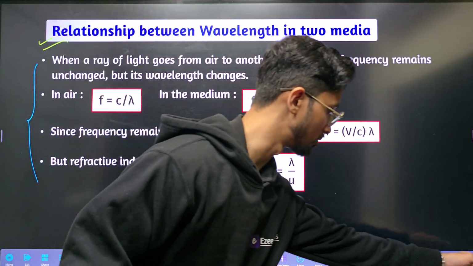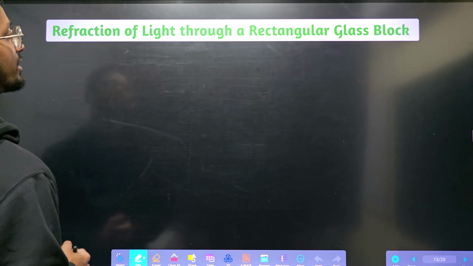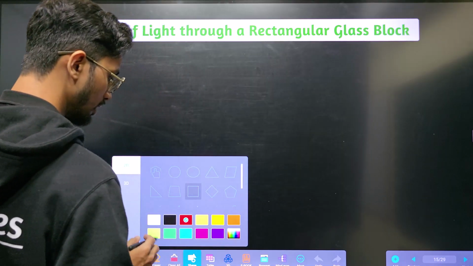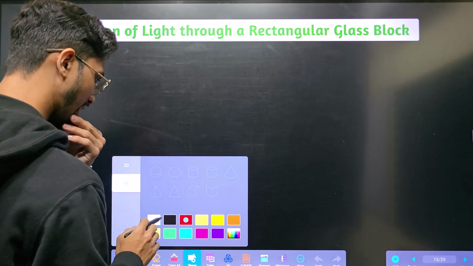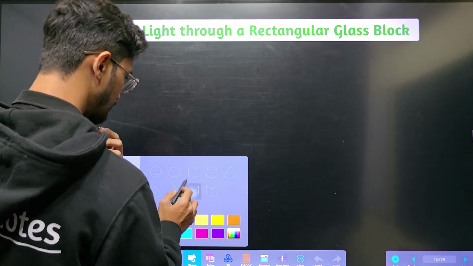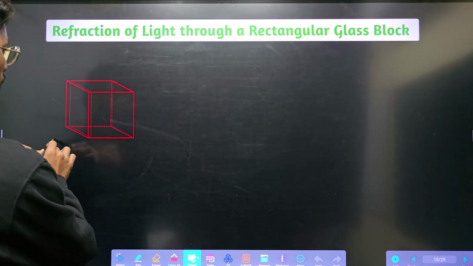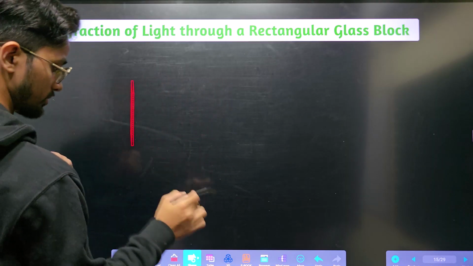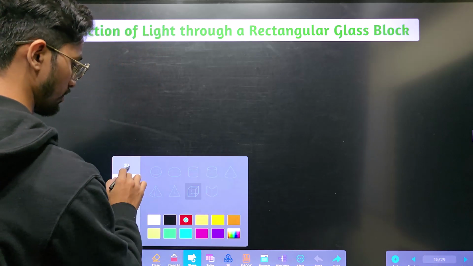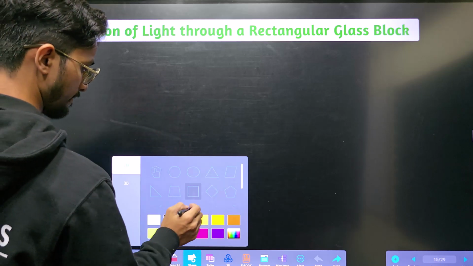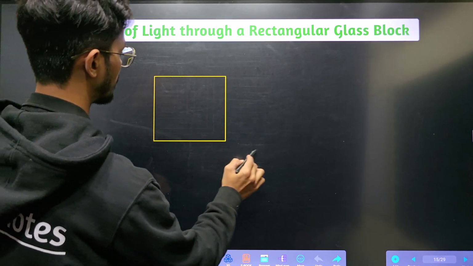Next one, refraction of light through a rectangular glass block. Let us consider a glass block. We'll take a 2D shape. There is a glass block.